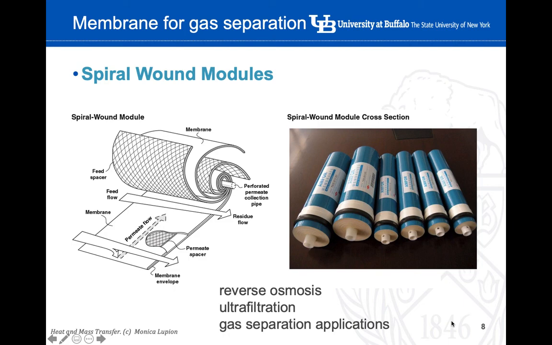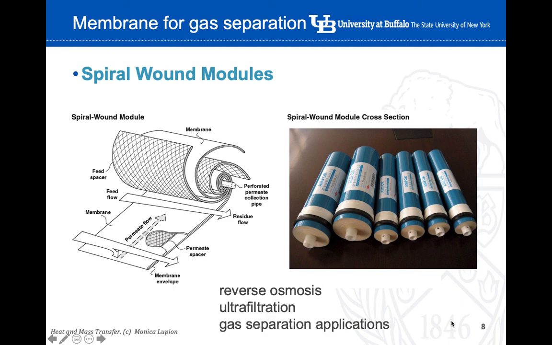This is another example of how we can pack membranes in order to be used in a very easy way. In this particular case, it's like a cylinder where different layers of membranes are, let's say, rolled like a spiral module.